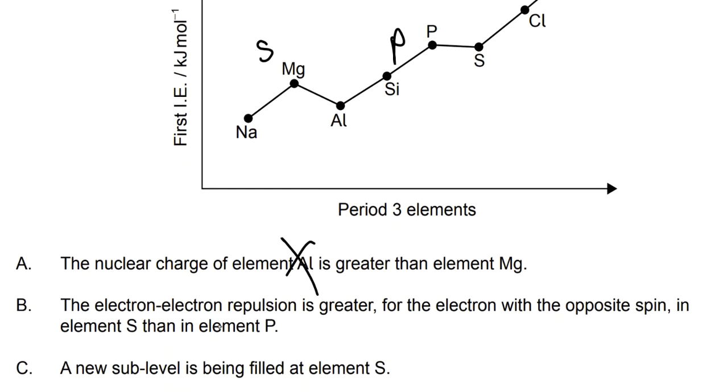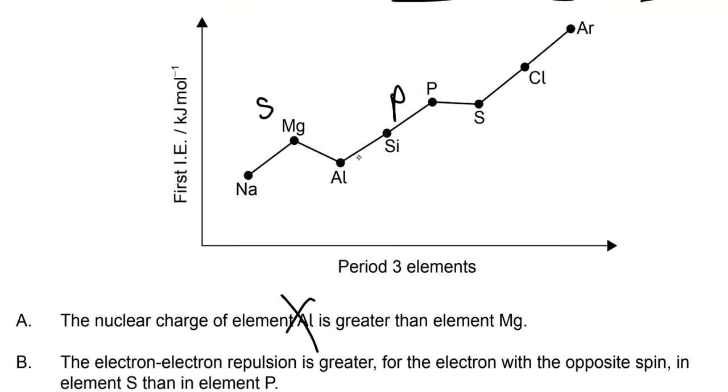The electron-electron repulsion is greater for the element with opposite spin in S than element P. This could be correct because when you go from P to S, we're going from this. So pretend these are 3p orbitals, 1, 2, 3. For phosphorus, we have singly occupied orbitals according to Hund's rule.